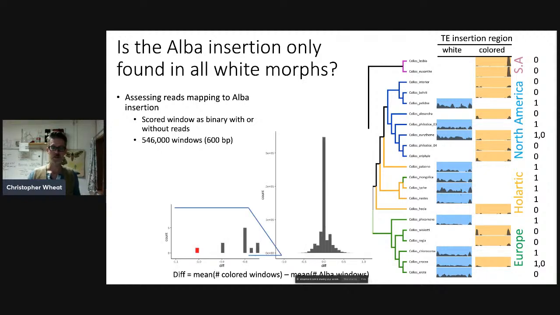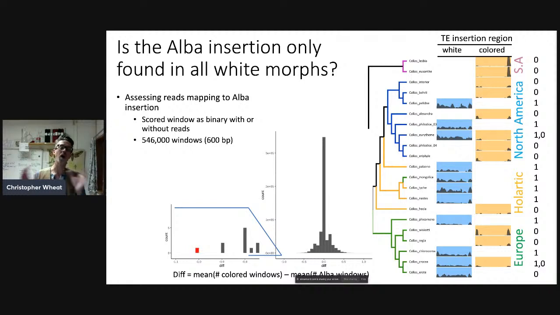And when we do that, and we simply just take the difference between Alba versus orange, it's a random distribution around 0 for the nearly 500,000 windows across the genome. But only when we look at it where we're seeing orange minus Alba, we get a direct concordance between only Alba individuals have content there and orange do not.